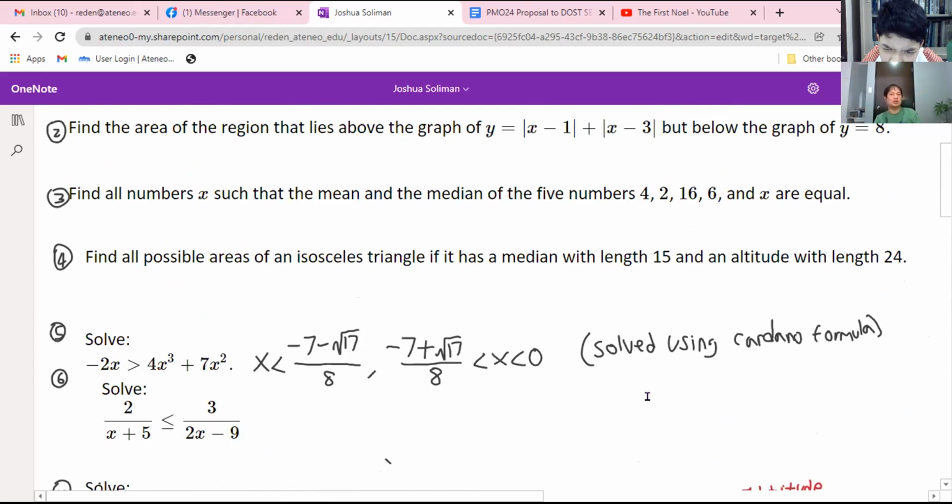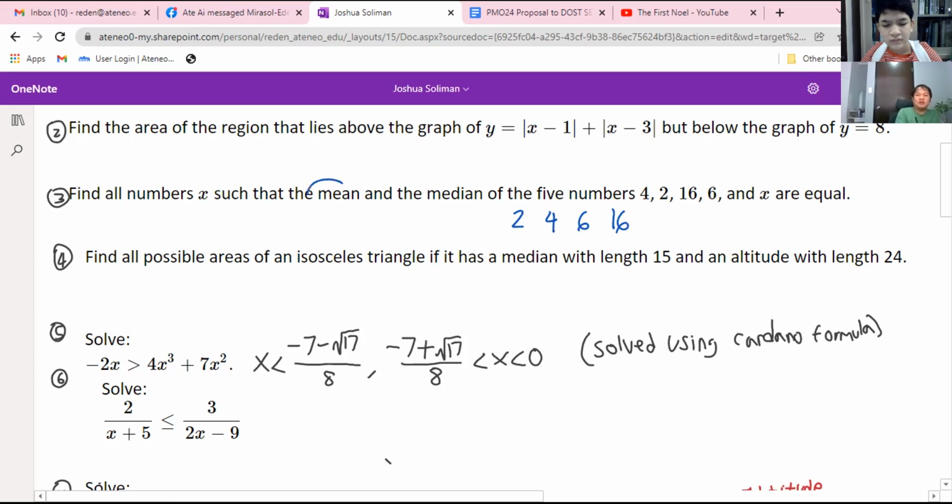All right. So we'll definitely talk about absolute values. How about number 3? Is this one of the problems I wasn't able to answer? Okay. So one thing that you can consider is, well, the given numbers are 2, 4, 6, and 16, arranged in order.